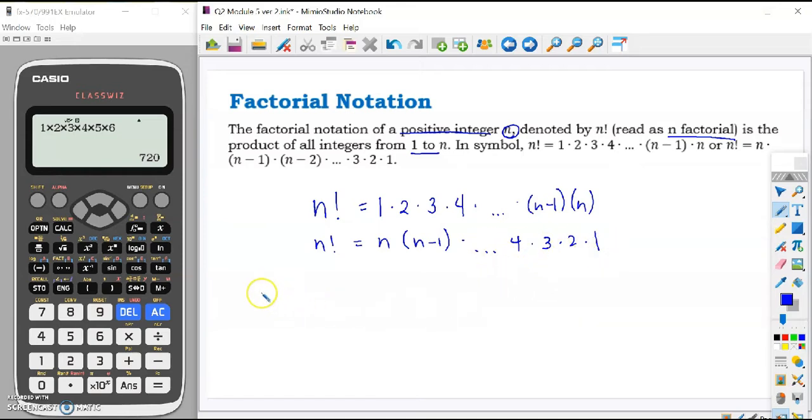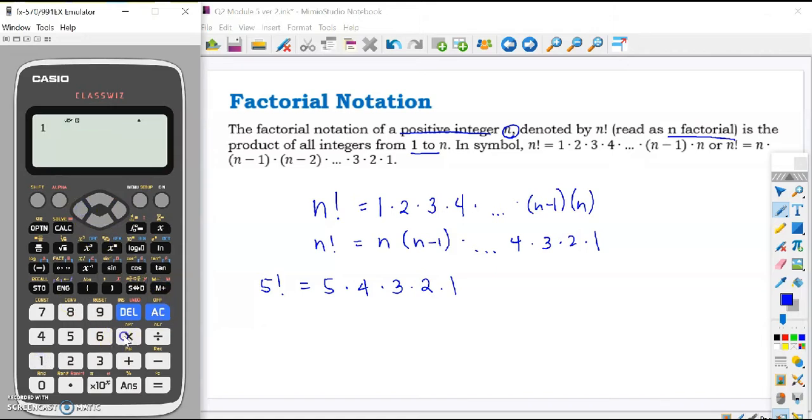So 5 factorial means 5 times 4 times 3 times 2 times 1. If we multiply that, we have 1 times 2 times 3 times 4 times 5, and the answer is 120. So 5 factorial is equal to 120.